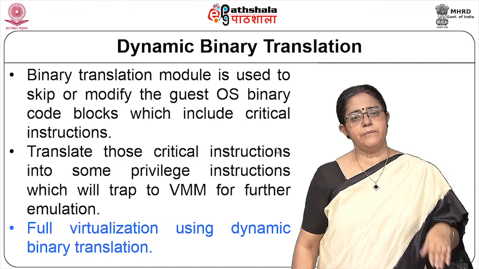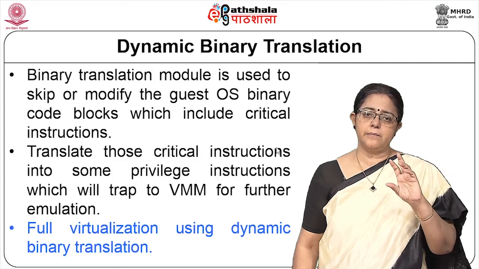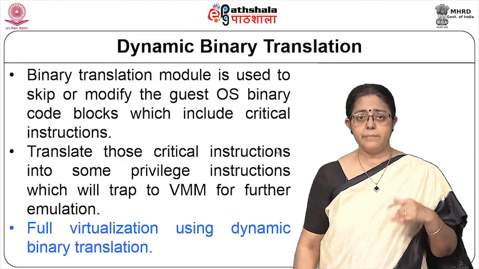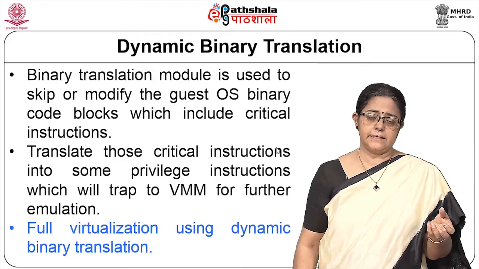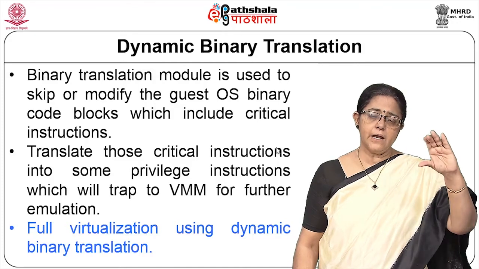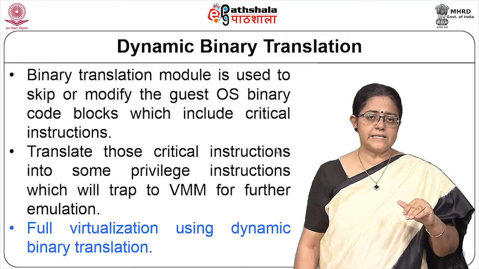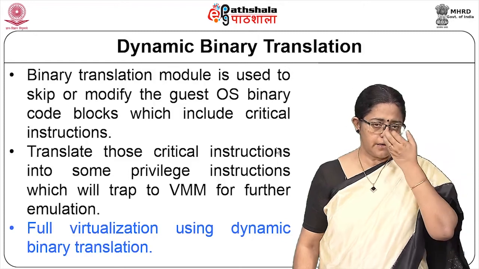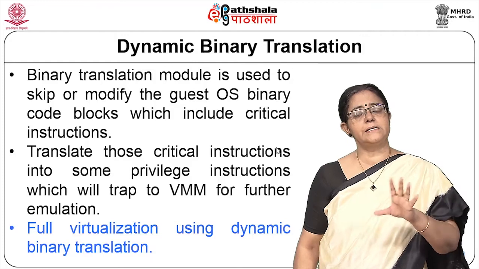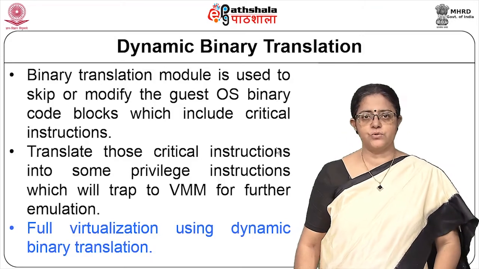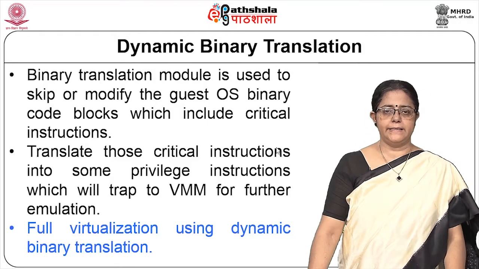The binary translation is done in a dynamic manner, which means that we cache the translated code. We take a basic block and translate that block, and when the next basic block comes, we compare it with the already cached translated blocks, and if a similar block is available, we reuse it instead of translating everything. This is called dynamic binary translation.